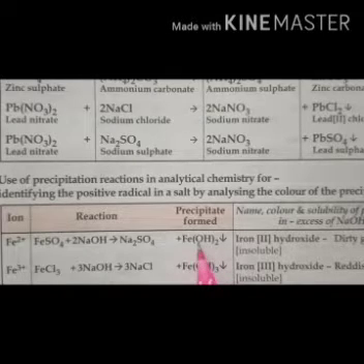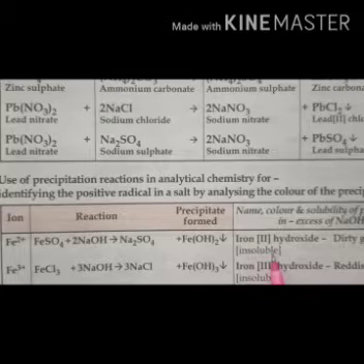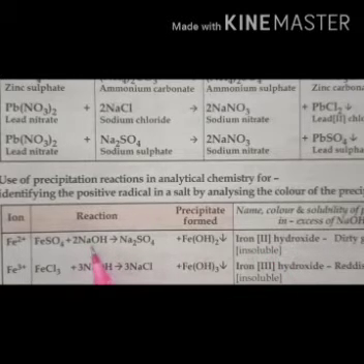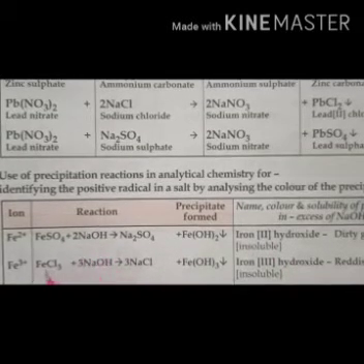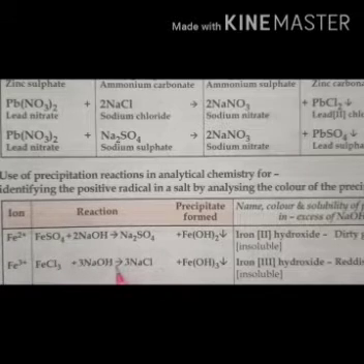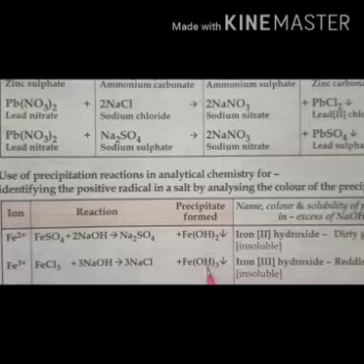So you get a dirty green precipitate of iron 2 hydroxide, which is insoluble in excess of sodium hydroxide. In the same way, when iron 3 chloride reacts with sodium hydroxide, it gives sodium chloride and iron 3 hydroxide. What is the color of this iron 3 hydroxide?